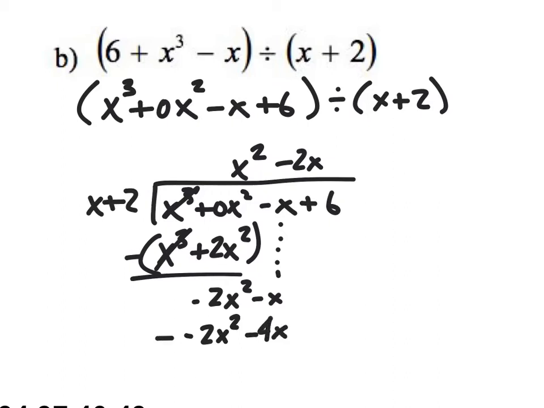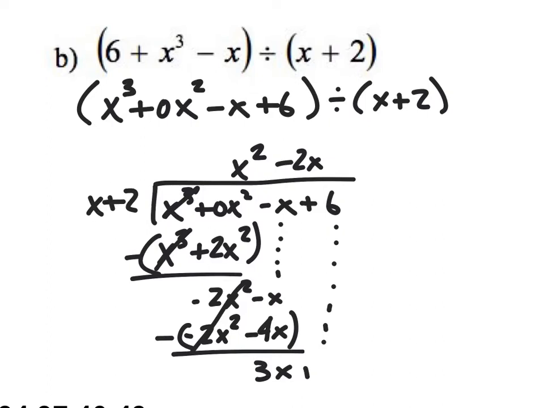Subtract the quantity. Negative 2x squared minus negative 2x squared, subtracting a negative, cancels out to 0. Negative x plus 4x gives me 3x. Then we drop down the 6.